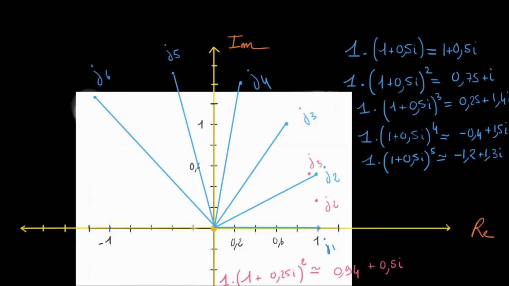So by repeating the process over and over again, we would get that the position 4 of the particle should be somewhere around here, J4. The position 5 somewhere around here, J5. And the position 6 somewhere around here.